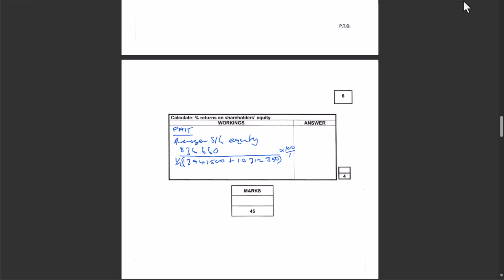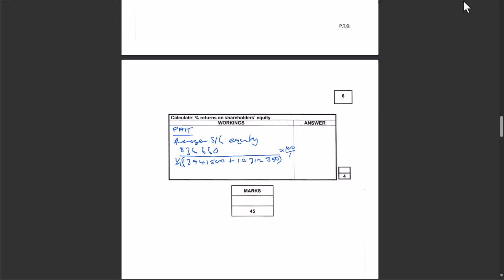Times 100 over 1, right? So let's work out the bottom first. We've got 13,941,500 plus 10,312,350, divided by 2, times half. That means basically divided by 2, to get 12 million.